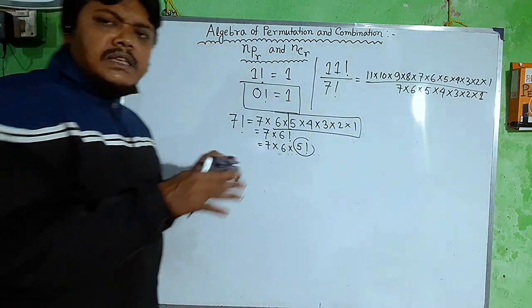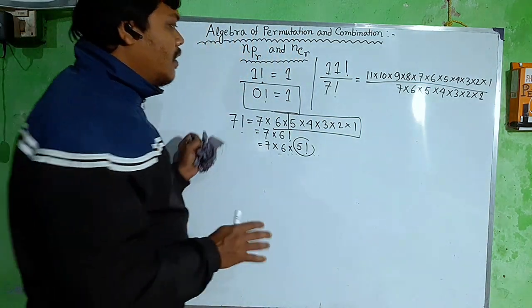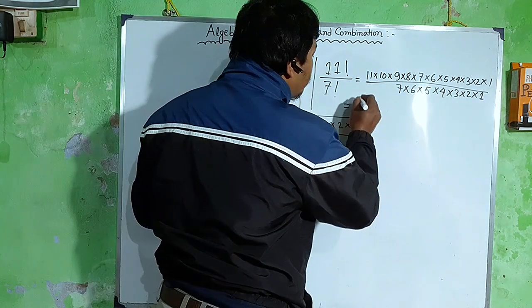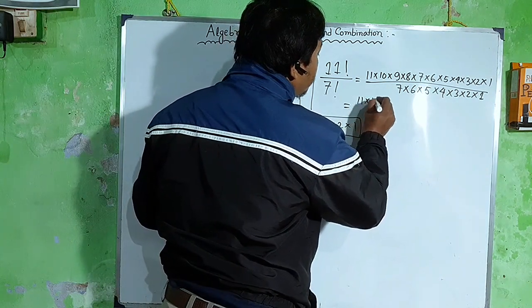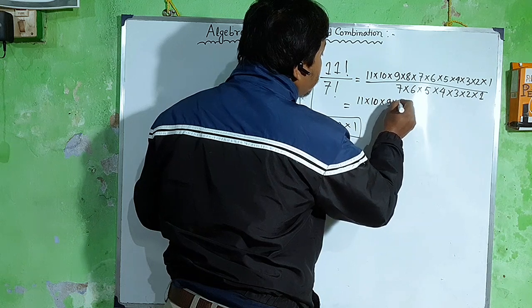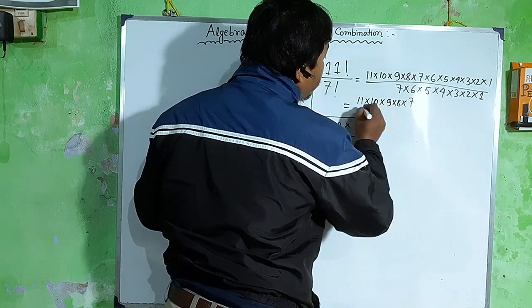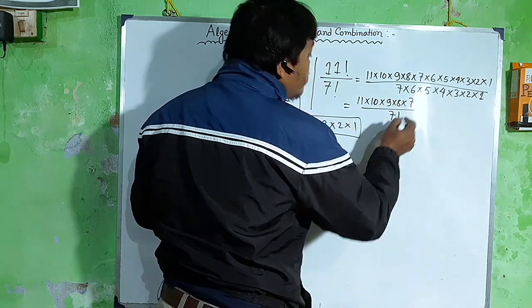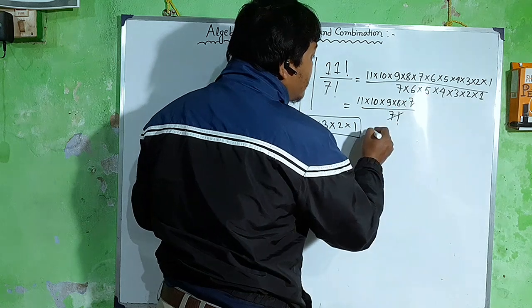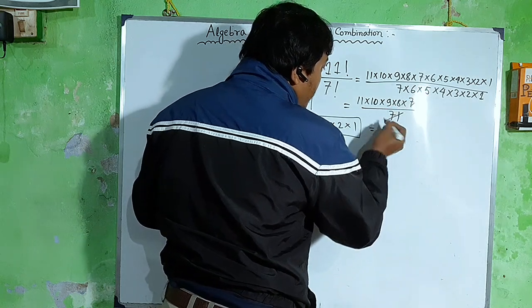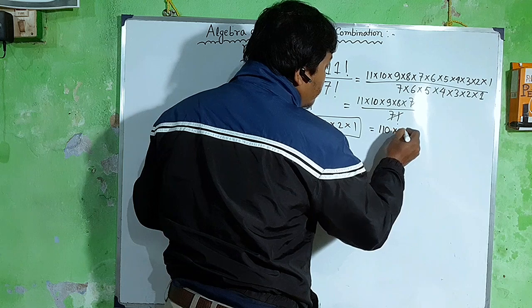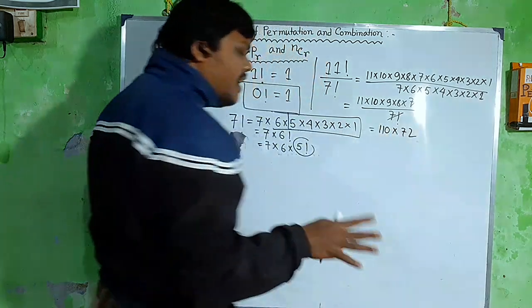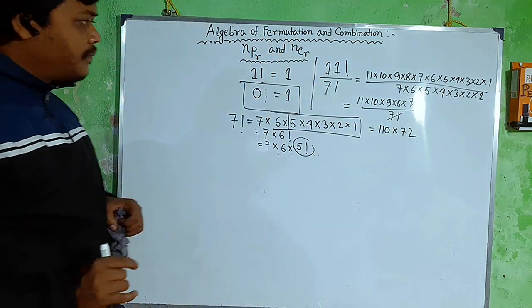No. Why are you doing this? You can write 11 into 10 into 9 into 8 into 7 factorial by 7 factorial. So 7 factorial cancels, and after the calculation, 11 into 10 into 9 into 8 gives 7920, the required result.